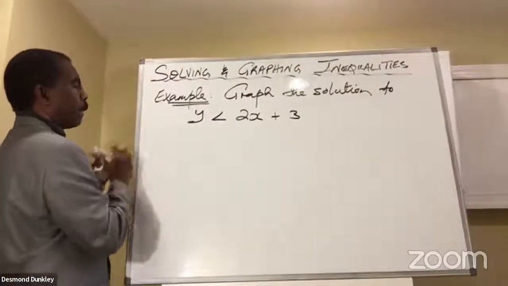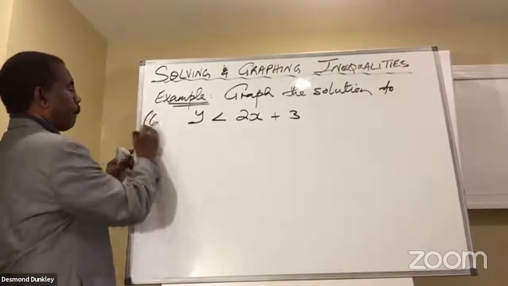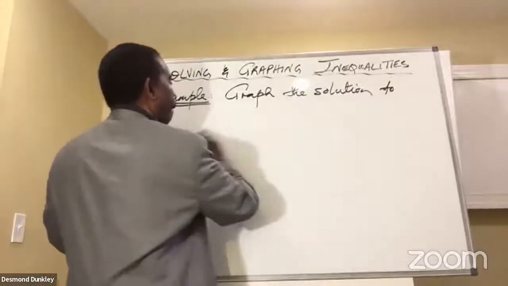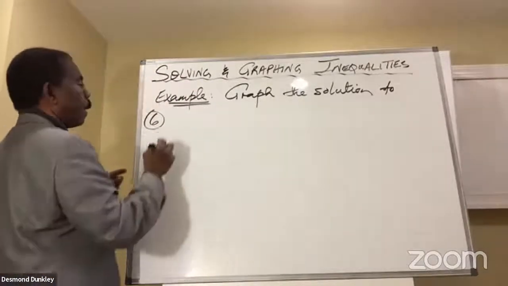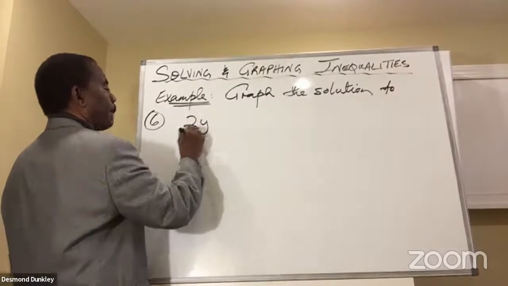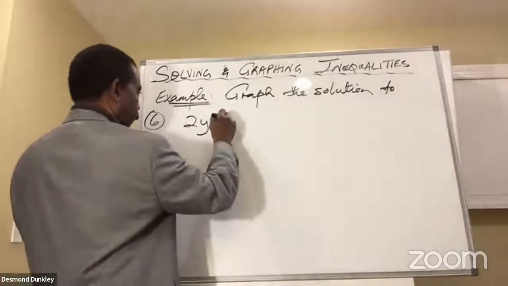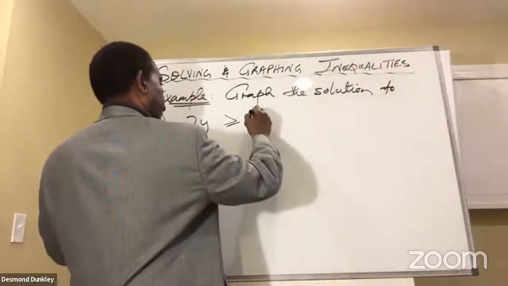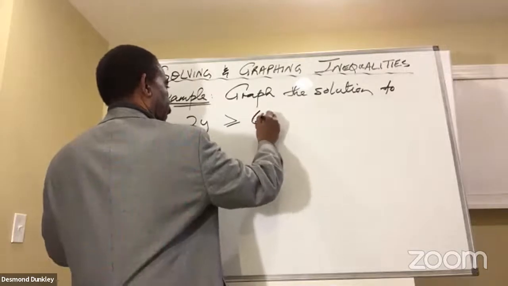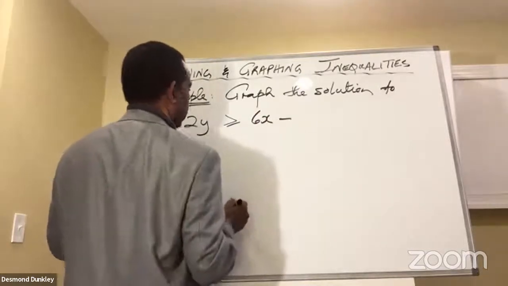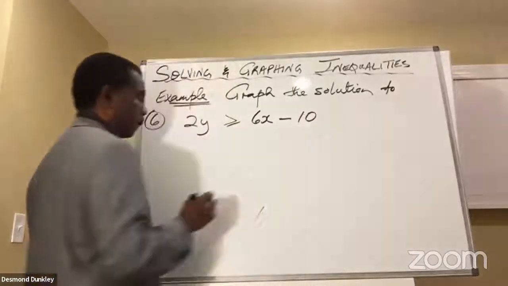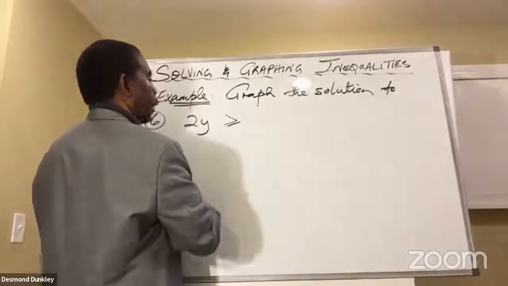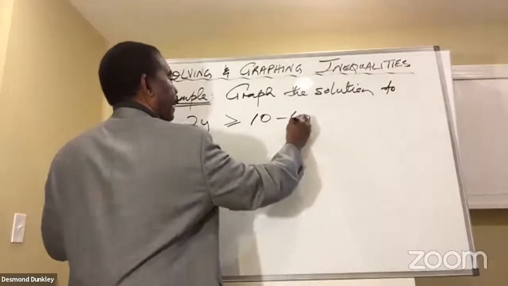This is number 6. This time we're going to go with 2y greater than or equal to 10 minus 6x.